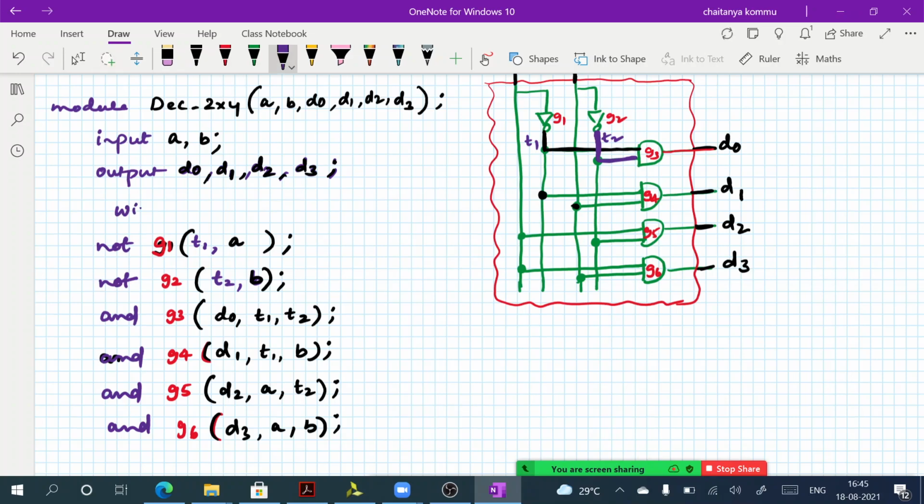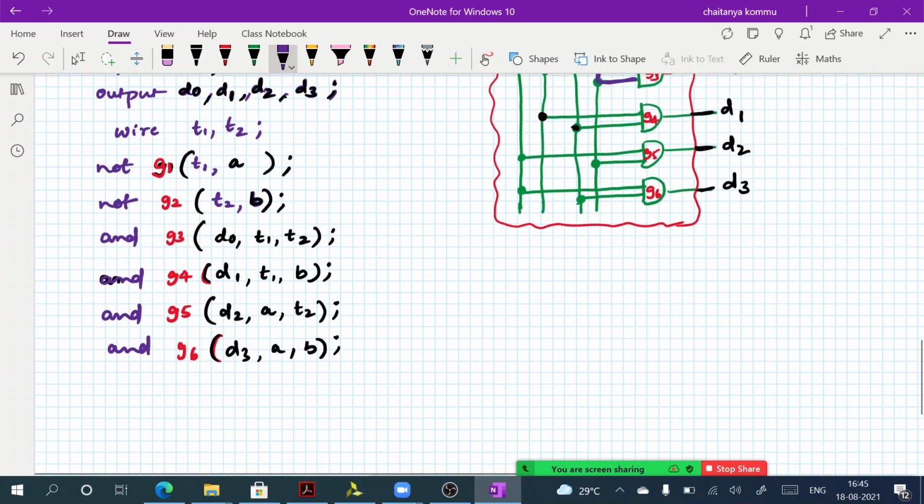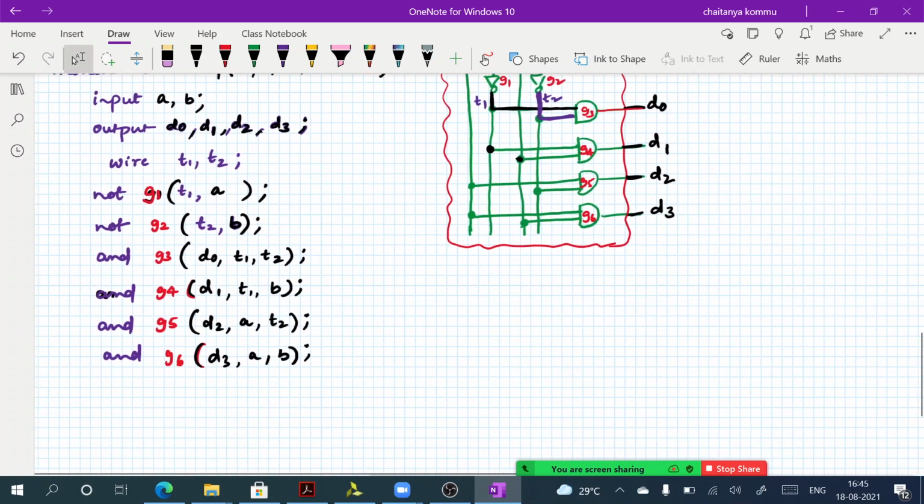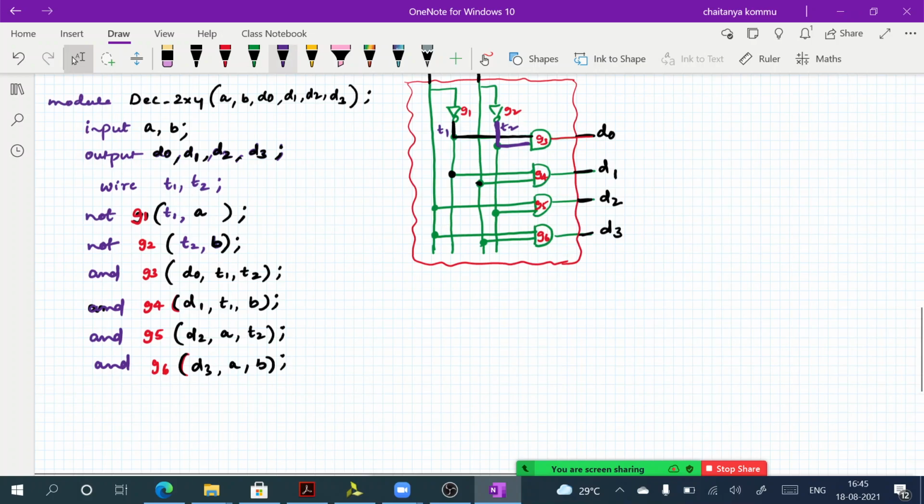These are the intermediate wires: T1 comma T2 are the internal wires. Finally, I have to write endmodule.